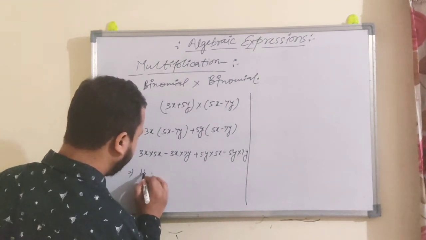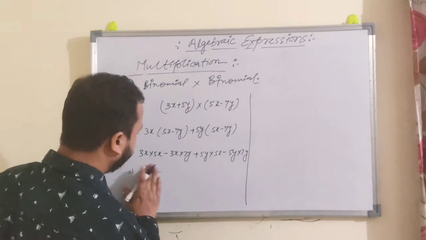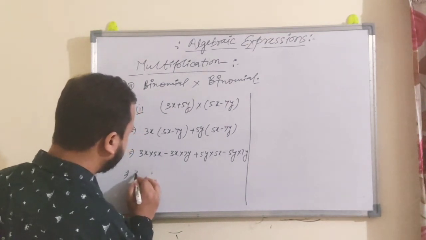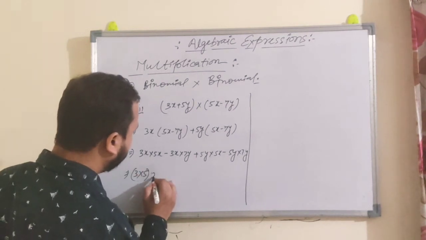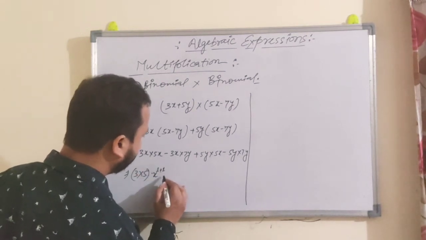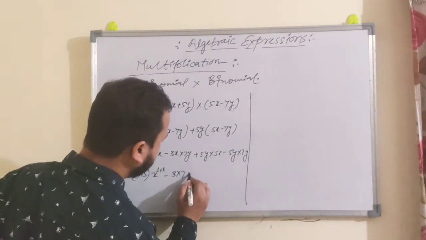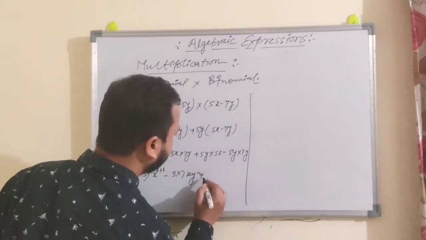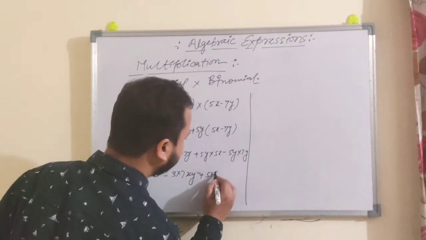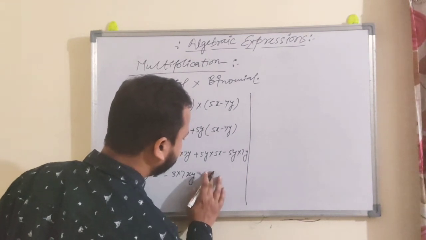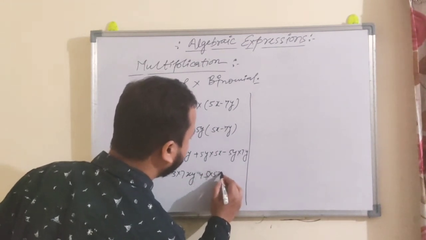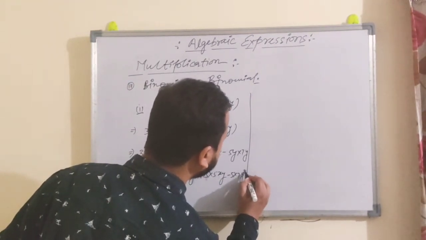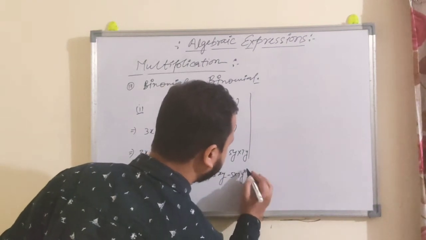So 5 3s are 15 x square, 5 into 3, or you can write it as 3 into 5, x power 1 plus 1, minus 3 into 7 xy, plus 5 into 5 xy, and here 5 into 7 y power 1 plus 1.